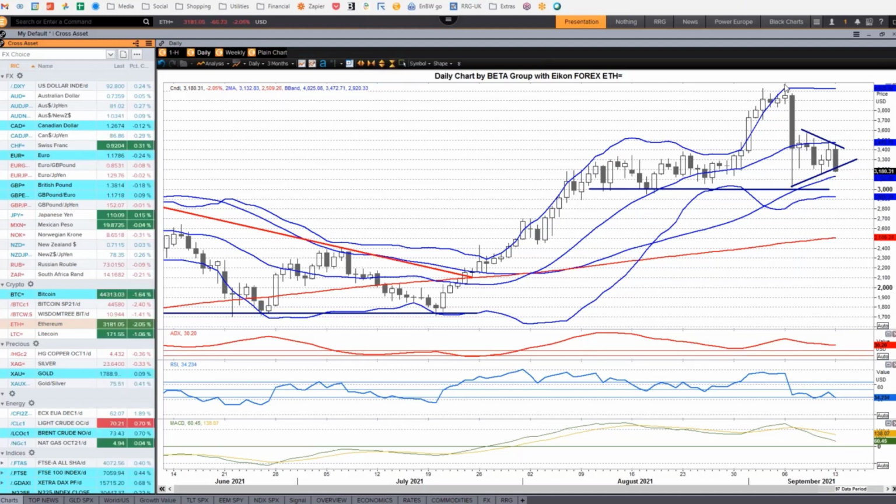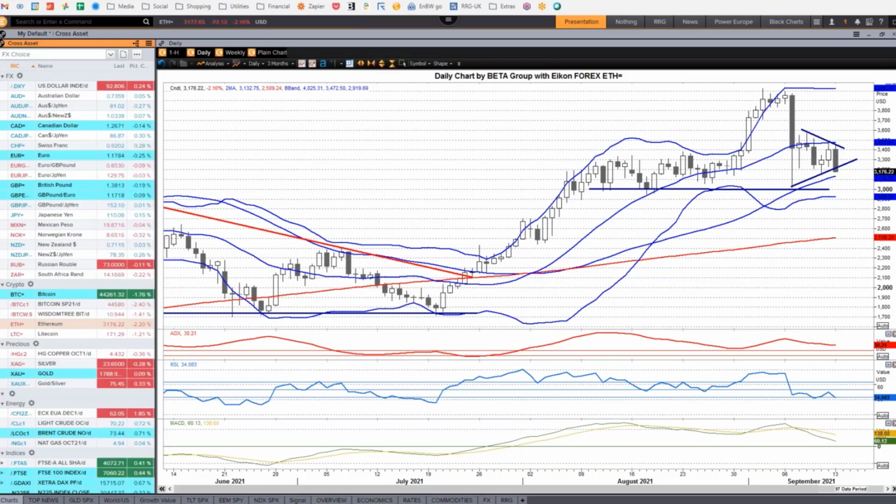We're breaking down from this triangle. If this is a pennant, well, the implications are for a big move down to the 2,300 area, 2,500 area, back to the 200-day moving average, for example, where it would find support. And it's a very threatening picture.